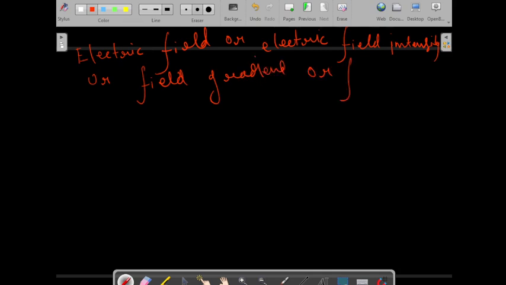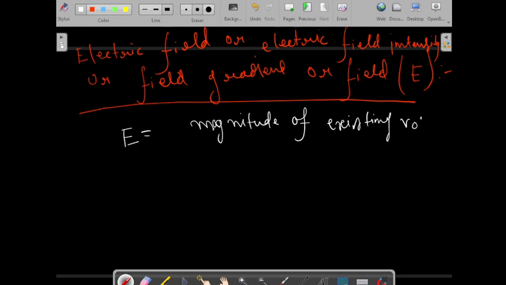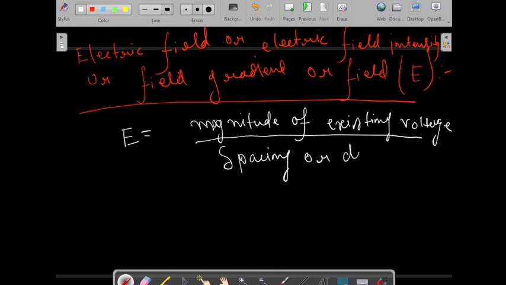It is denoted by E. Here E is defined as the ratio of the magnitude of existing voltage divided by spacing or distance. The unit of E is volt per meter.